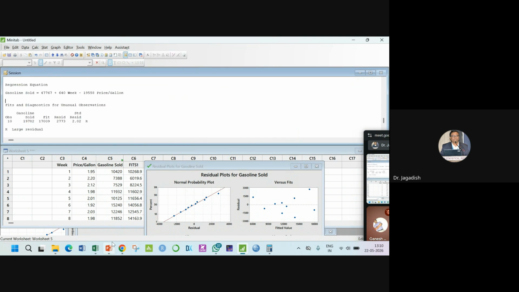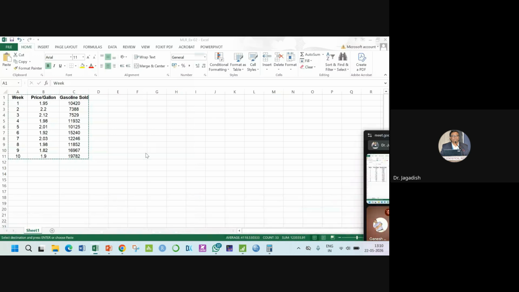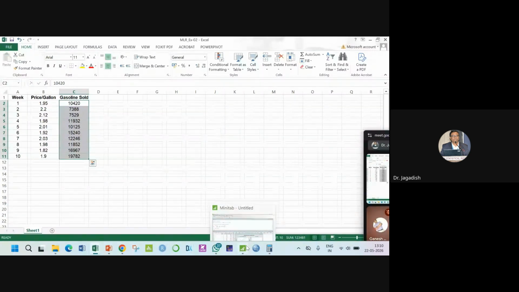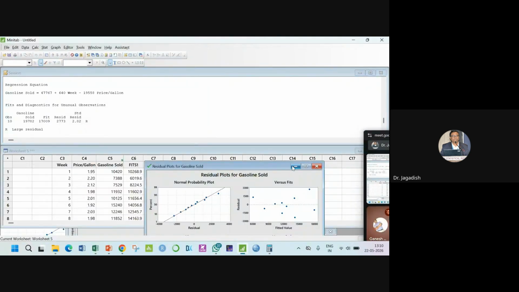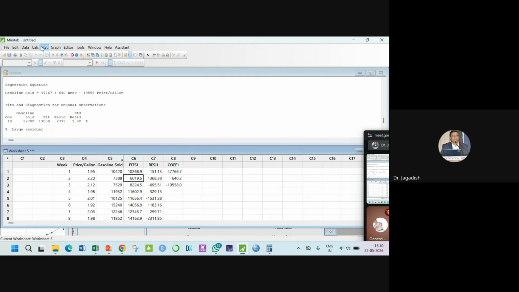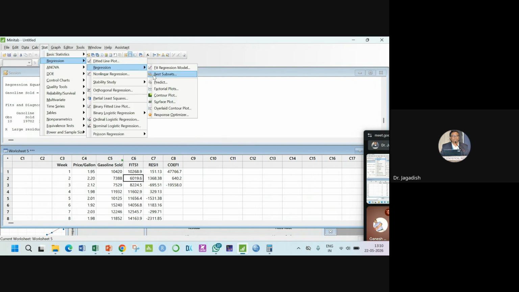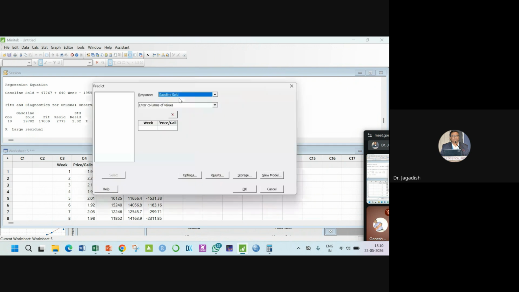Now, for example, I want to predict for the same values. If I want to predict the same values, what is the predicted value, let us see. The actual is the experimental data. Now what is the prediction, let us see. Because of that accuracy of 85%, there is a chance of difference. So for prediction, Regression, Predict. Then in the columns, the week and price.